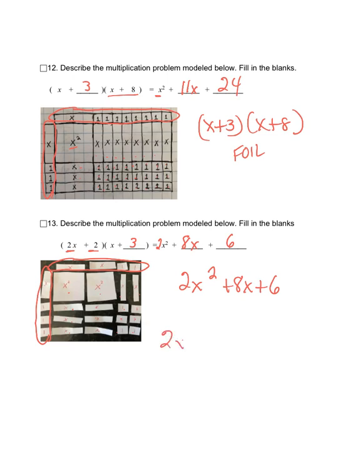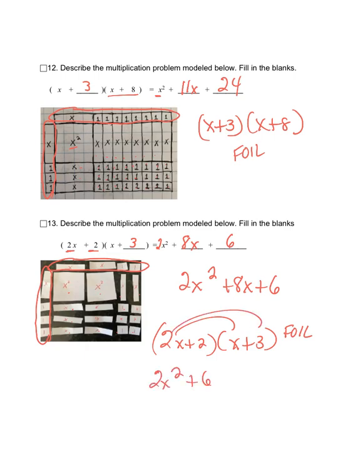And again, if you're more comfortable, you can do FOIL. So you would do first 2x squared, outer plus 6x, inner plus 2x, and last plus 6. You combine like terms, you get 2x squared plus 8x plus 6.